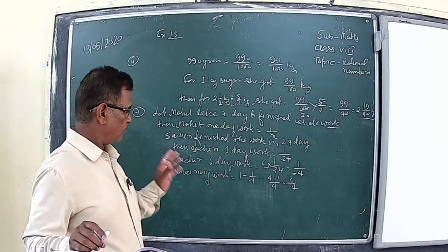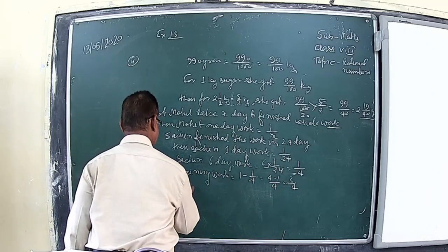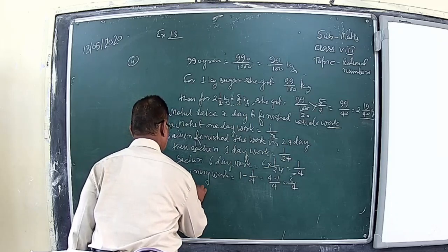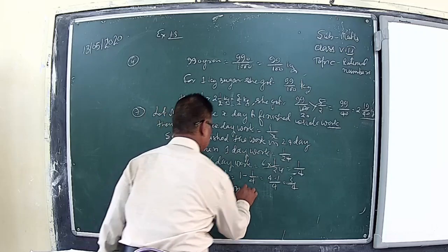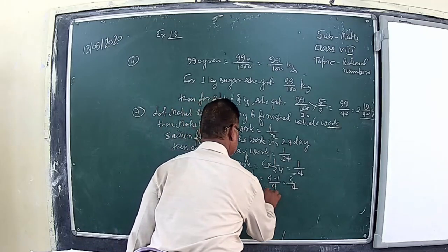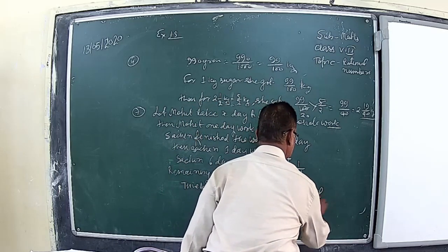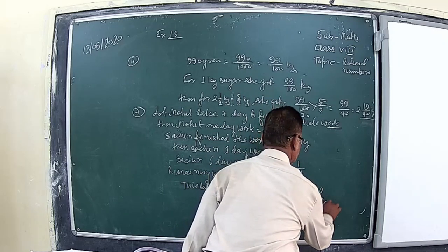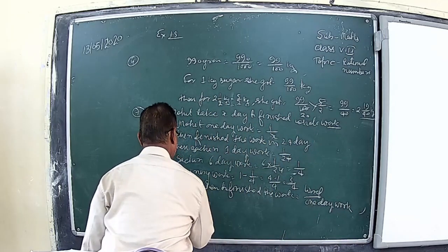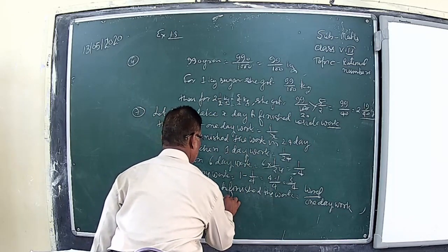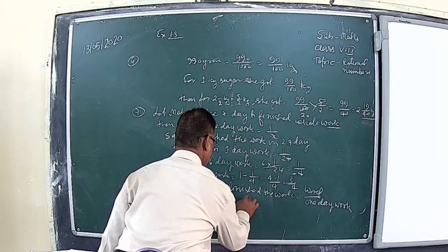So Mohit takes 9 days to finish this remaining work. Time taken to finish the work is equal to work divided by 1 day work. It means time taken by Mohit is 9 days, work is 3 upon 4, and his 1 day work is 1 upon x.